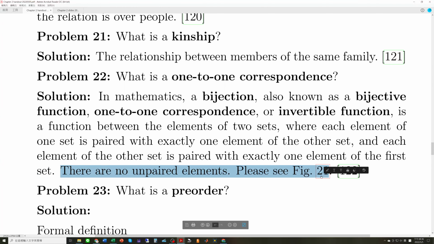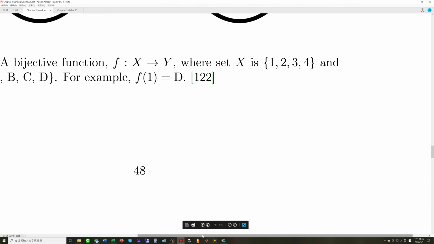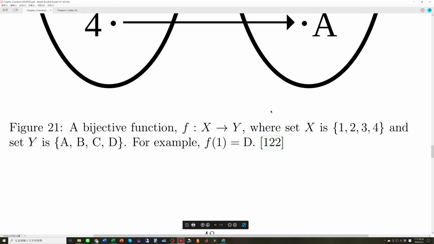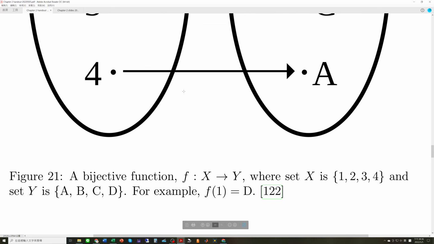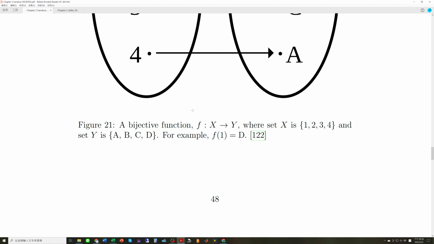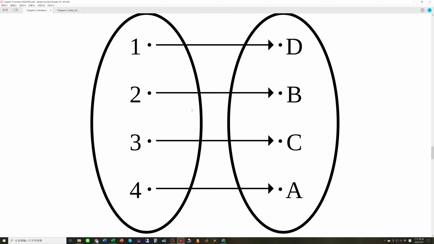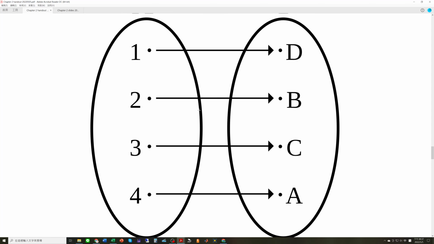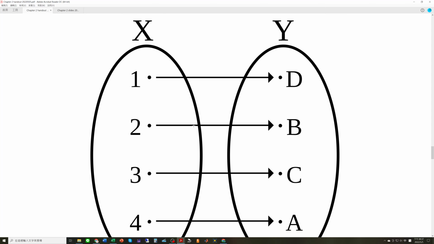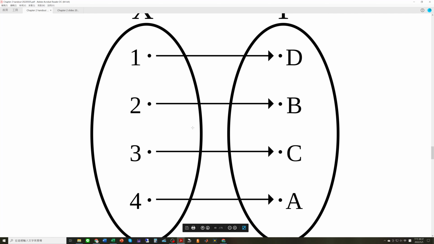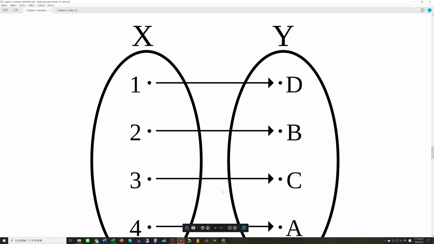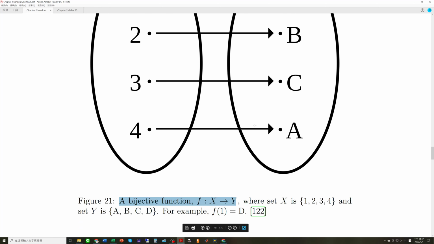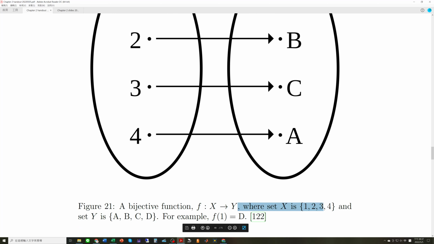Please see figure 21. Figure 21 shows a bijective function f from X to Y, where this denotes the set X and this denotes the set Y. Set X is 1, 2, 3, 4, and set Y is a, b, c, d.